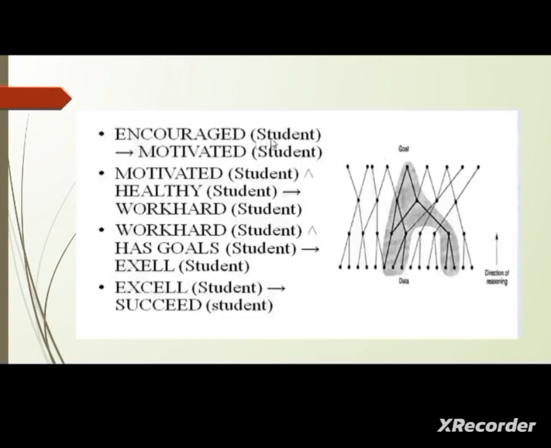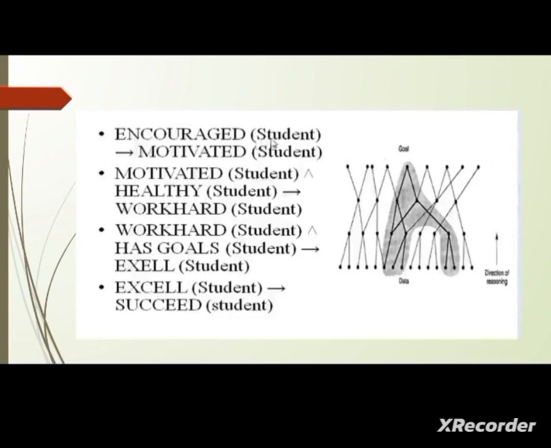This is the way of forward chaining. This schematic diagram indicates forward chaining. The direction of reasoning is from the data to the goal. We have a set of data inputs and we have to go to the goal. That's about forward chaining.